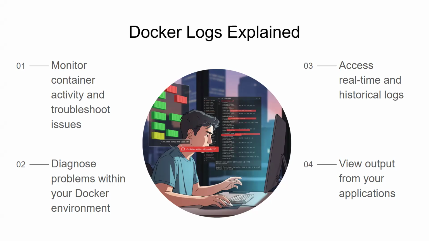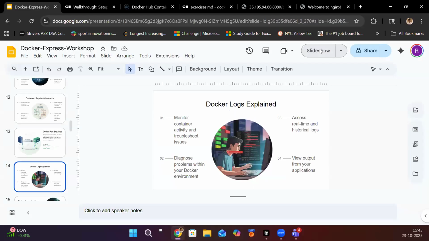So now we'll be working on docker logs. What I would like you all to do is copy this particular command right here. It is a simple for loop which just sends requests to this particular URL.